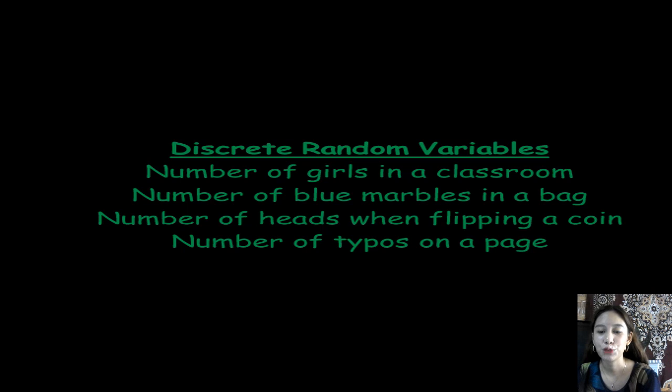And of course, for you to distinguish discrete data perfectly, we have provided examples. Number of girls in a classroom, number of blue marbles in a bag, number of heads when flipping a coin, number of typos on a page. As you can see, these examples are all countable, so it means it is discrete data.